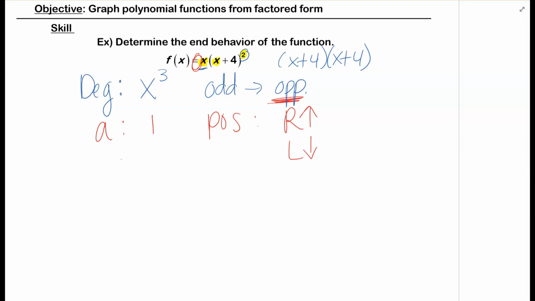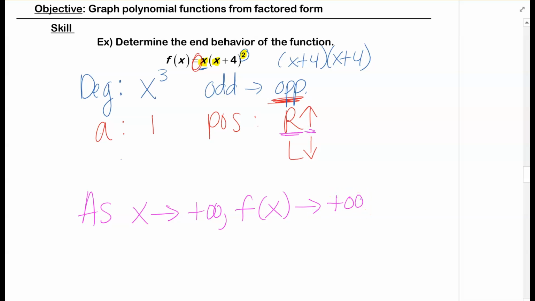So for my end behavior, I'm just going to write, as x approaches my right side, positive infinity, the function f of x approaches upwards, which is also positive infinity. And as x approaches the left side, negative infinity, the function approaches downwards, and downwards is negative infinity.